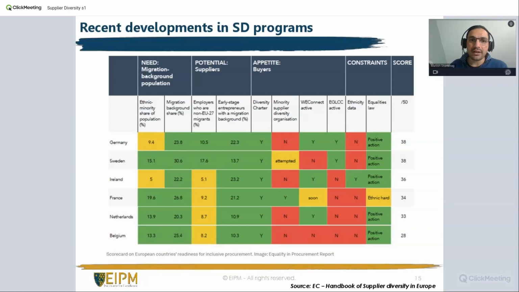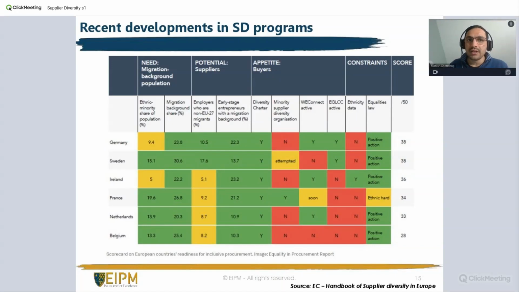It tells about some data, but the important point is that we're talking about minority supplier diversity organizations. You can see there is largely a huge potential. The green ones talk about ethnic minority share of population, migration background share, employers who are non-EU migrants, and so on.